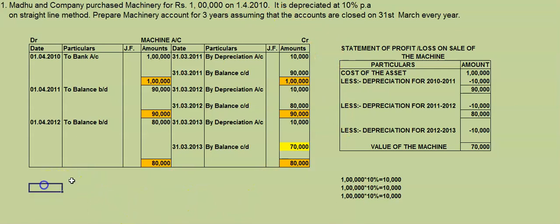So I will write here for you to understand. Cost of the asset is equal to rupees 1 lakh.